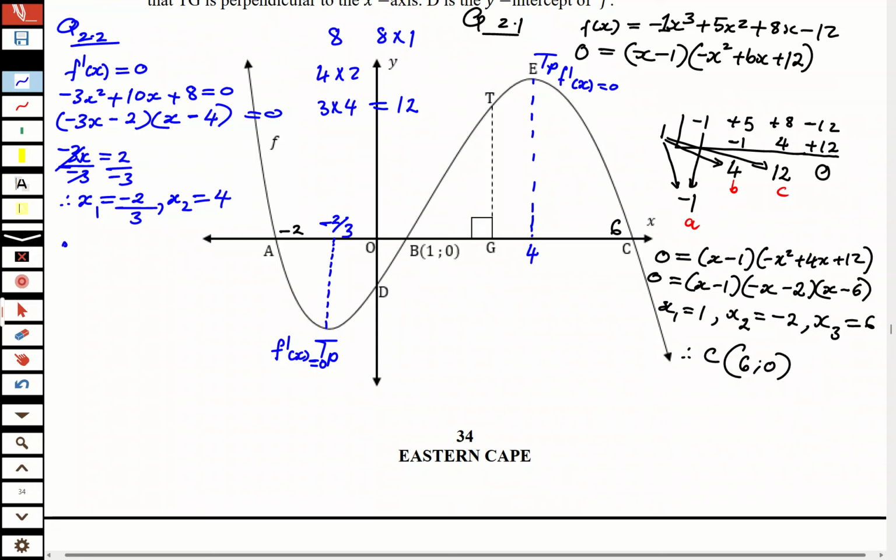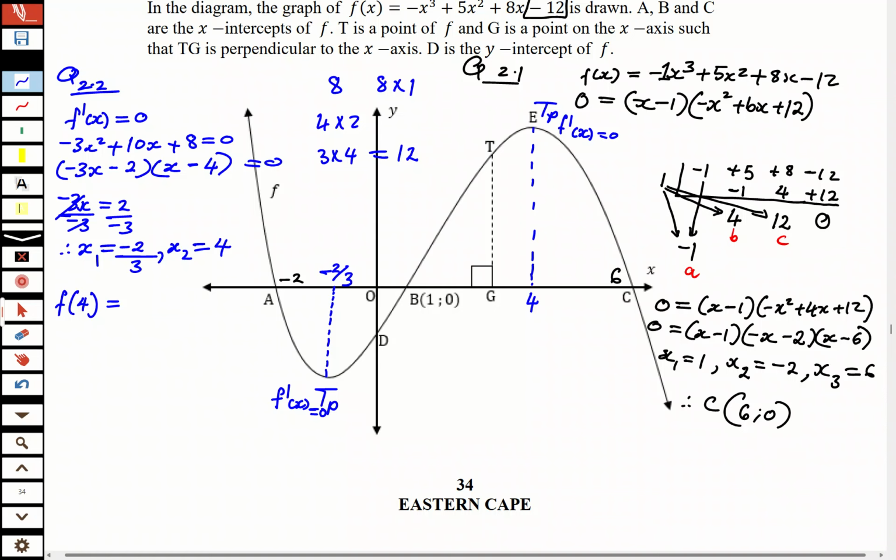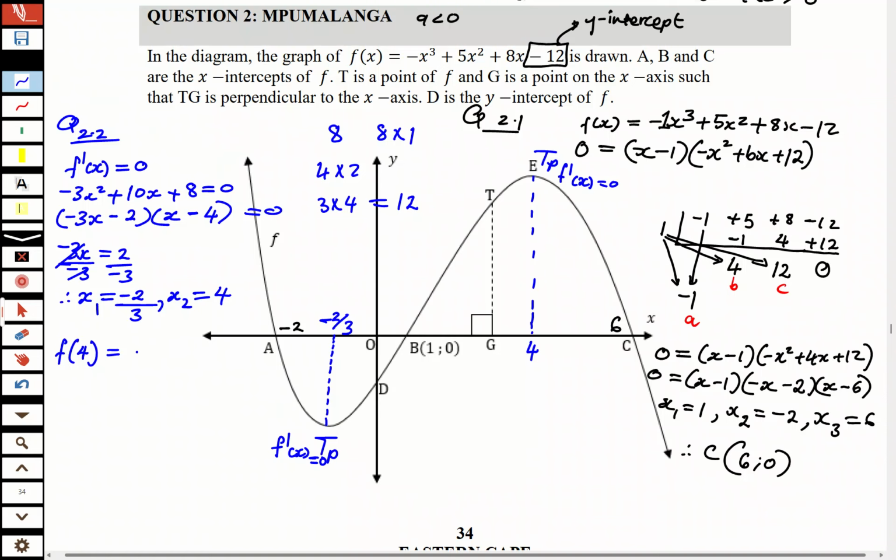So you're just going to evaluate your function at x equals 4, and we are going to find out what y is there. So you're just going to replace everywhere there is x with 4.